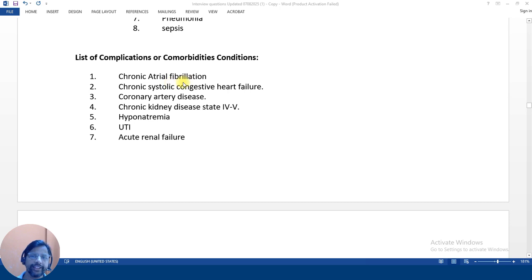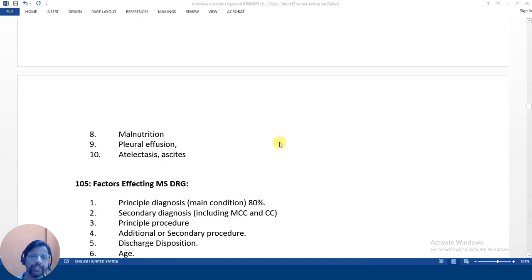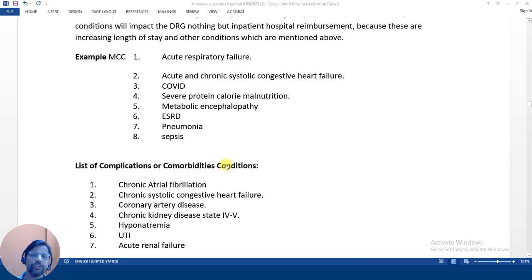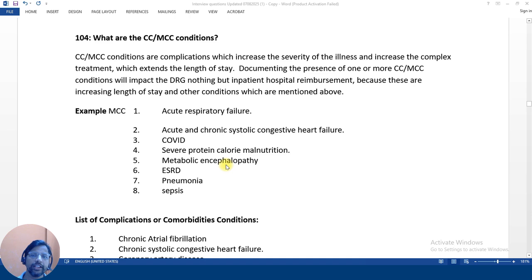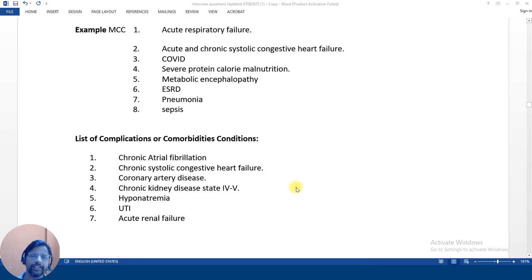So: chronic atrial fibrillation, chronic systolic congestive heart failure, coronary artery disease, chronic kidney disease stage 4 to 5, hyponatremia, UTI, acute renal failure, malnutrition, pleural effusion, atelectasis, and ascites. So these are the CC conditions. If you go to an interview, they may ask you what are CC and MCC, or tell me a few examples related to CC and MCC. At that time you can tell this definition as well as these example conditions.